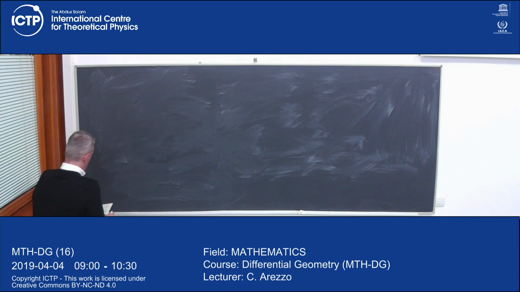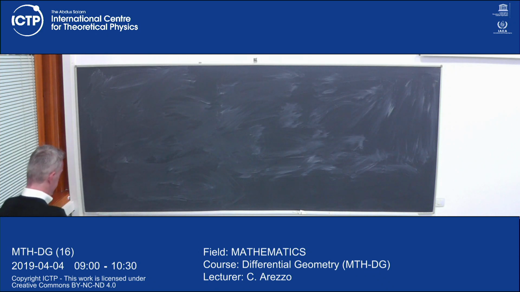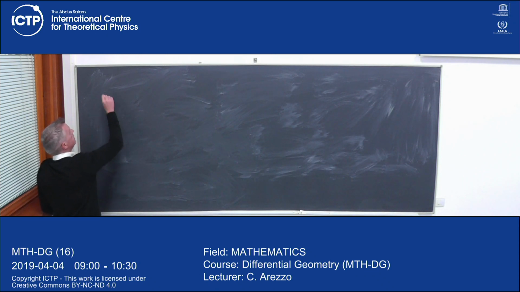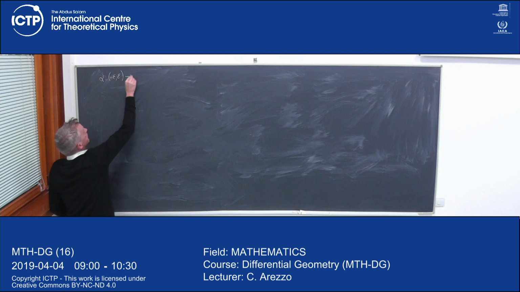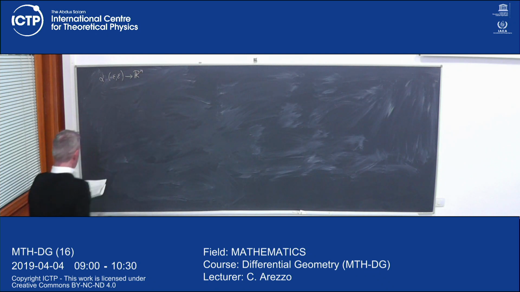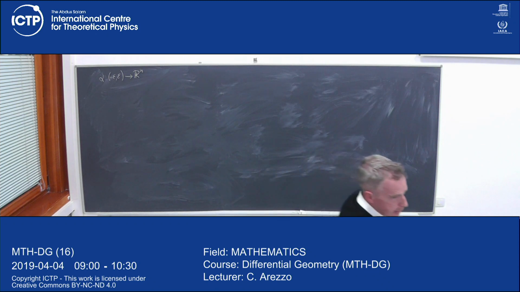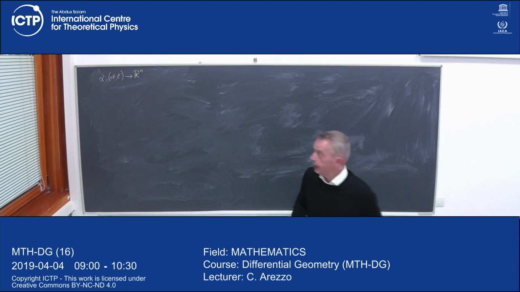Let me first formalize it still in Rn. So, if I take a curve in Rn, let's go back to what it really means to take the tangent vector to a curve in Rn.